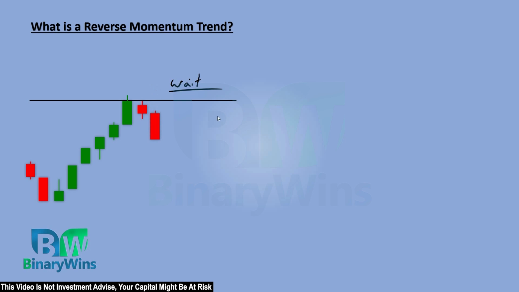If after the first red candle, the next bearish candle is formed and creates a new low for us, that is, a new low compared to the previous candle and the last candle of the momentum trend, this candle and this candle made a new low for us.